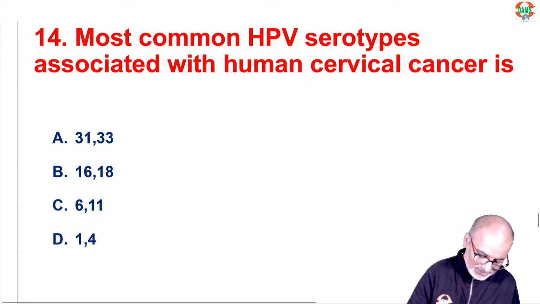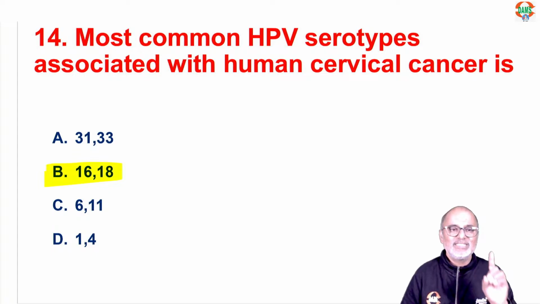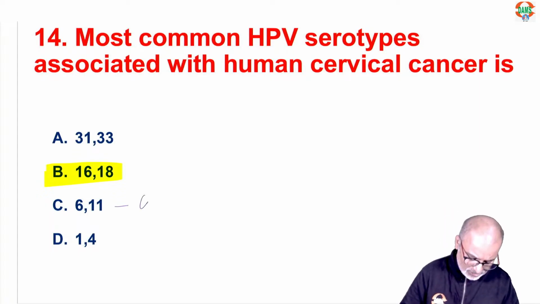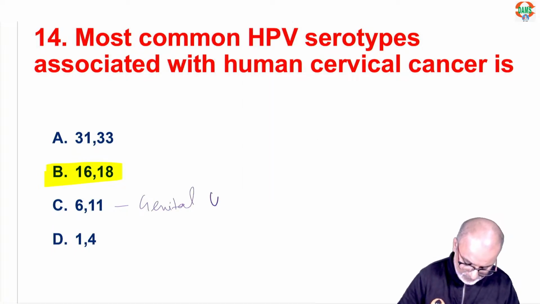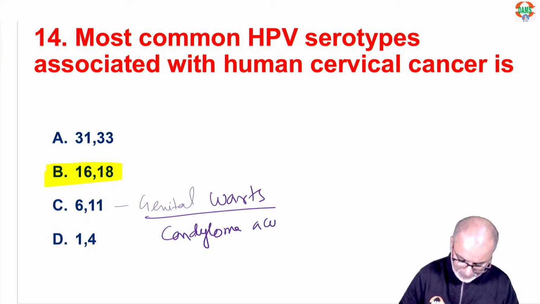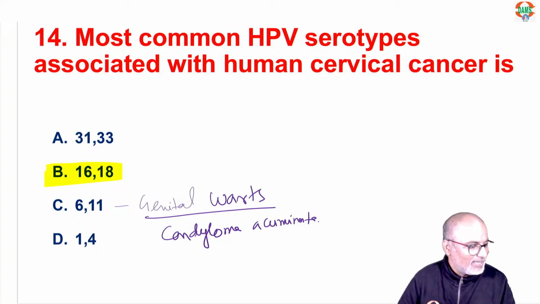Human cervical cancer is caused by 16, 18, 31, 33, but the most common are 16 and 18. 31, 33 are also there in the list. Don't worry. 6, 11 cause genital warts, condyloma acuminata. 1, 4 and others cause common warts, as well as some plantar warts.